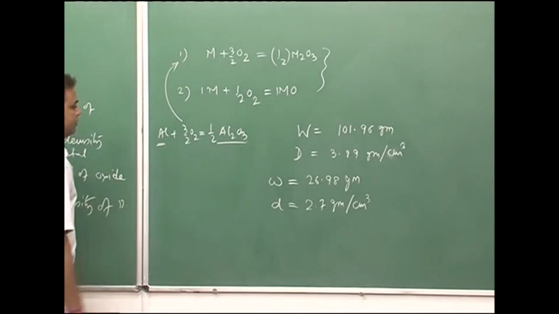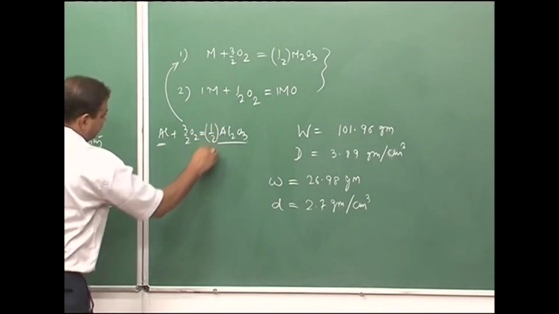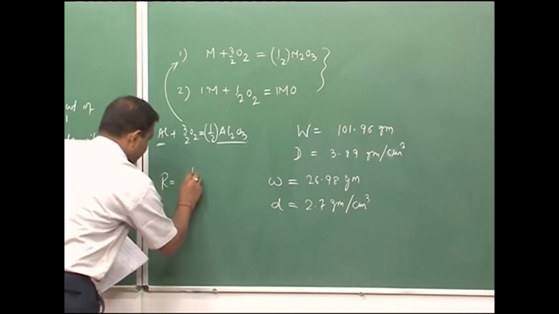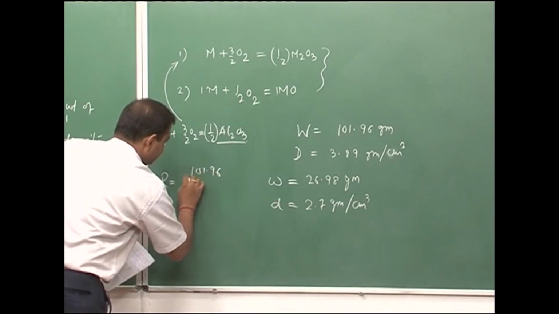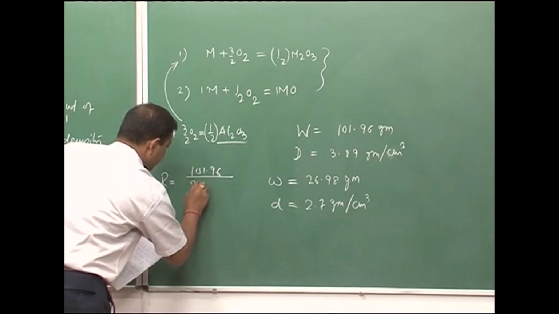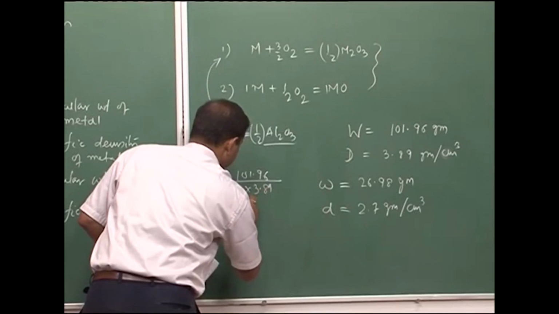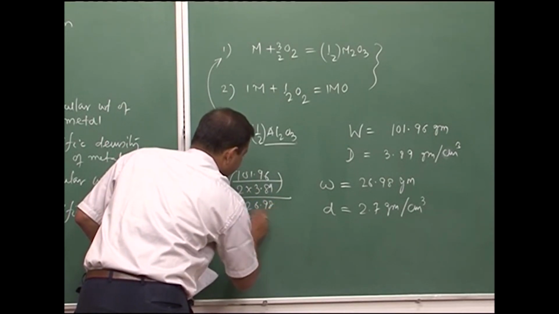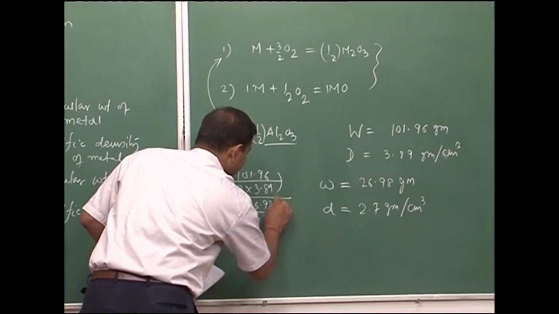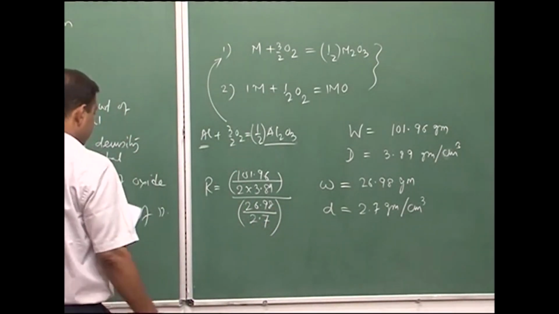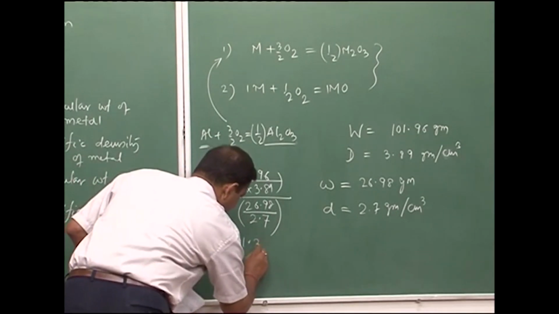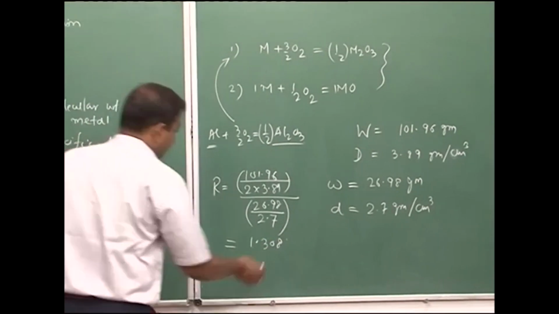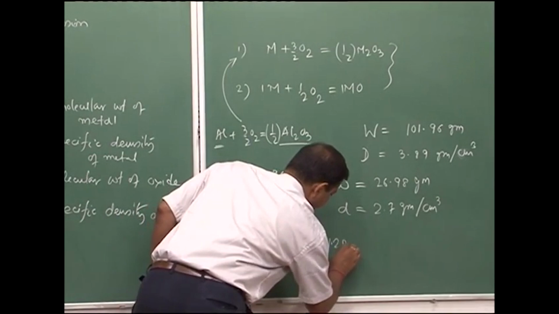Now, if we put all the values with the factor half, this R becomes 101.96 divided by 2 into 3.89, and then 26.98 divided by 2.7, and this ratio becomes 1.308, and the reported value is around 1.28.